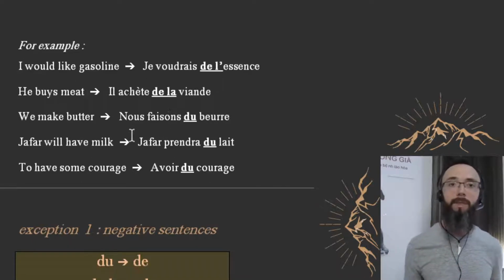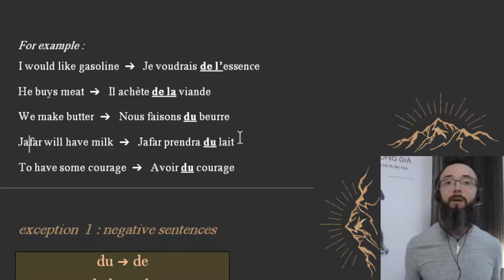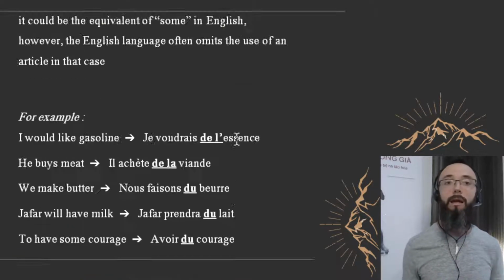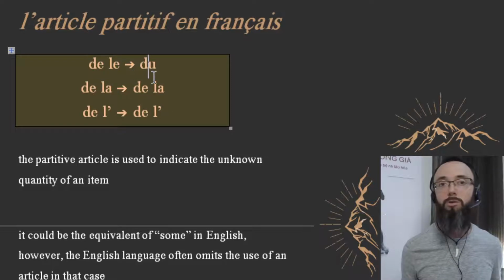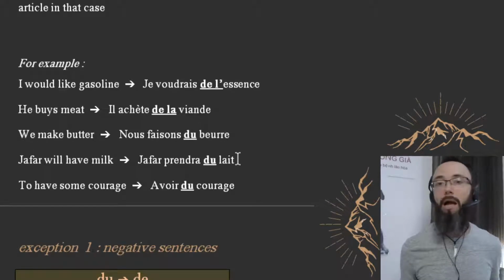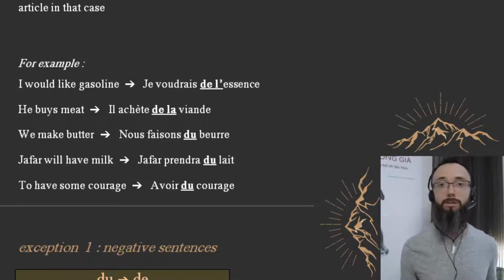It is a difference. Jafar will have milk. Jafar prendra du lait. All right? Le lait is a masculine word. And what do we have here? De le becomes du. So I didn't say Jafar prendra de le lait, and I hear this mistake made by students often. De le lait?